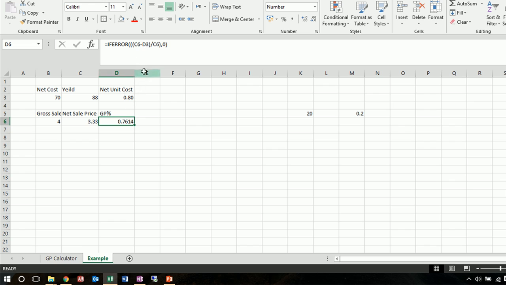Okay, so if we times that by 100, or press this button here, we get 76. Let's add a couple of percentages here. So we get 76.14%. So that's our GP percentage. Okay, so we can write in here gross profit margin calculator.